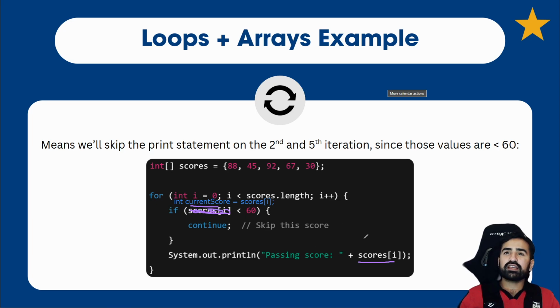In this case, it's not going to make a huge difference. But it's nice to use variables just to make the actual value more descriptive. Because scores[i] doesn't mean too much to us. currentScore is a little bit more readable. Remember, if you write good variable names, you don't even need comments.